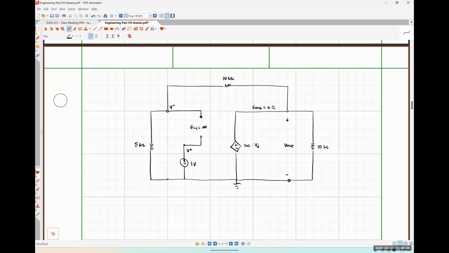So for at least one of our ideal op amp rules, it should be very easy to figure out where it comes from, right?